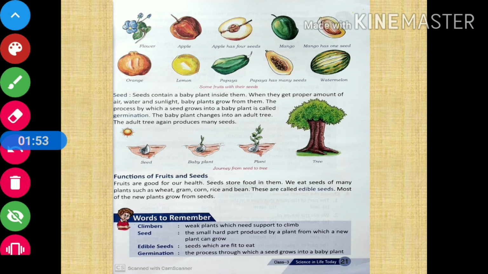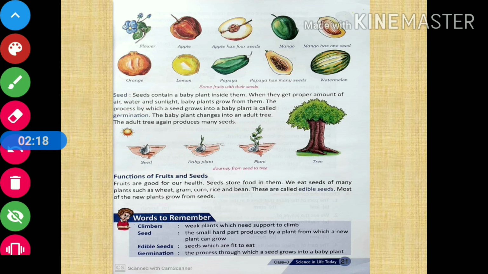Now let us discuss seeds. Seeds contain a baby plant inside them, and when the seed gets the proper amount of air, water and sunlight, the baby plant grows from the seed. What is this process called?